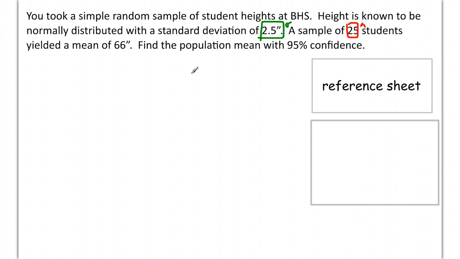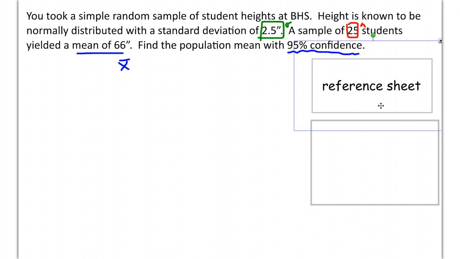A sample of 25 students yielded a mean of 66 inches. Since this mean right here is from a sample, I'm going to call that X bar. That's not mu. We don't know the whole population's standard deviation or mean. We only know our data, our mean from the sample. So we want to find the population mean with 95% confidence.